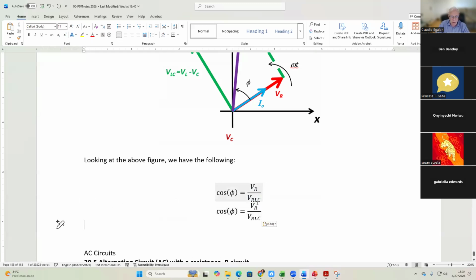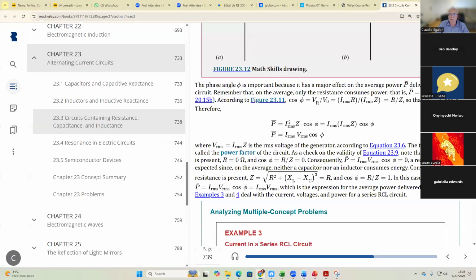This V sub R is R times the current, and let's call that the RMS current. This one here is going to be zeta times I RMS. This is actually what we have right here.